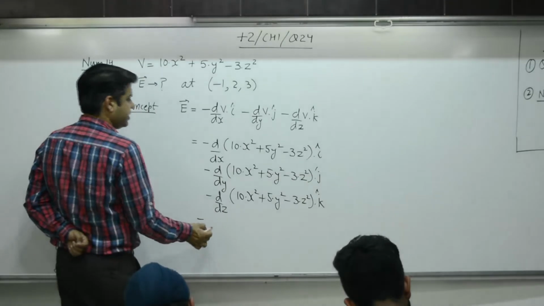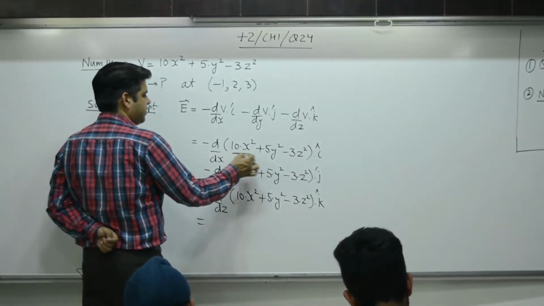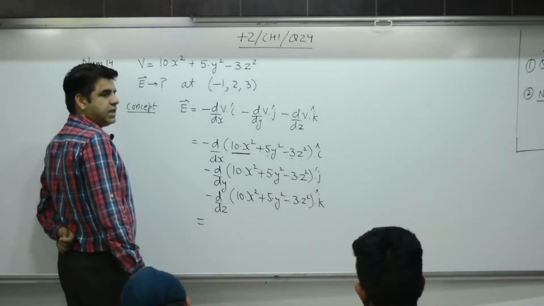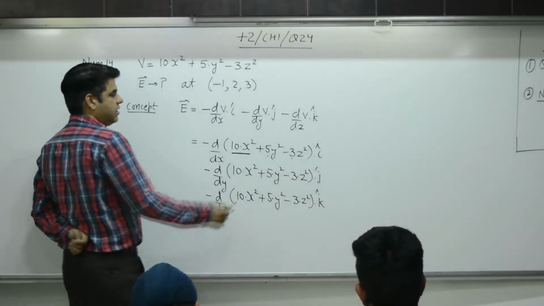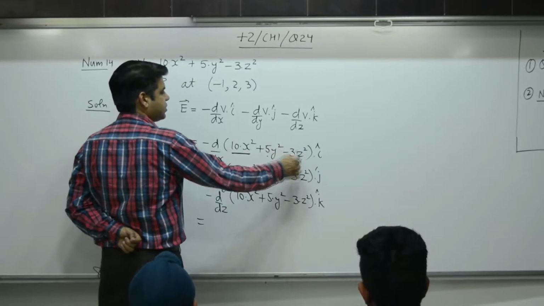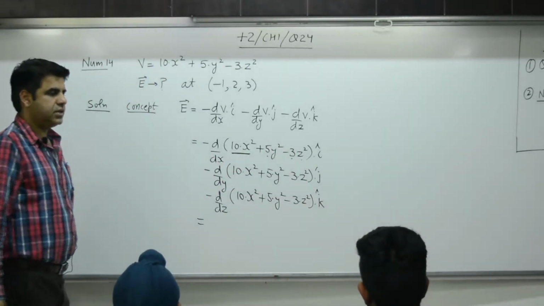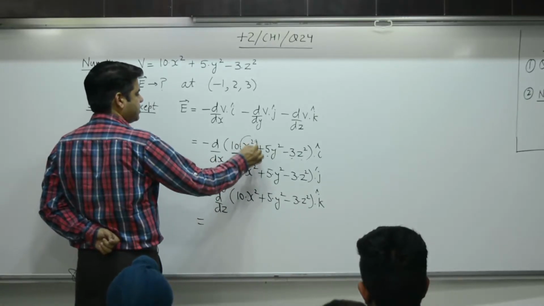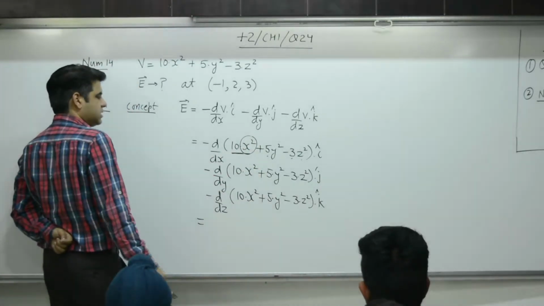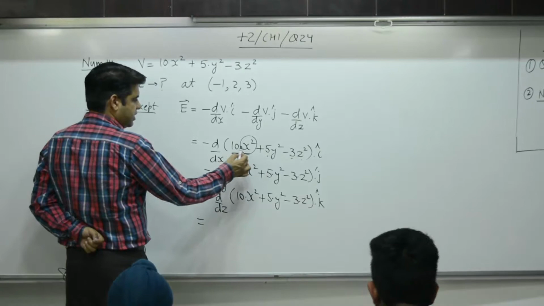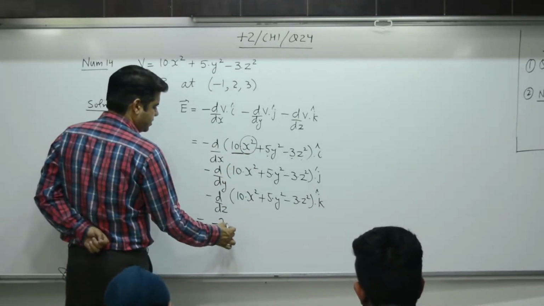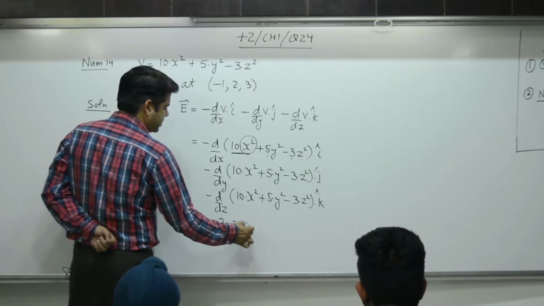What you get is, only this part is functional. These two will be taken as constant. So the differentiation will be 0. Differentiation of 5y square and 3z square is 0. Differentiating 10x square gives 2x. So what you get is 10 into 2x, 20x, but this sign is there, so what you get is minus 20x i.